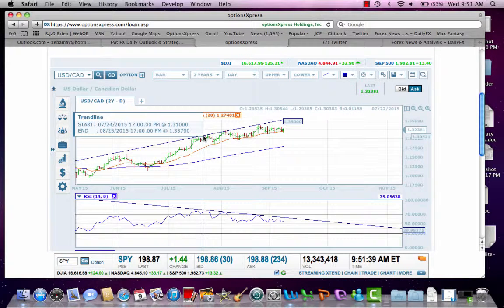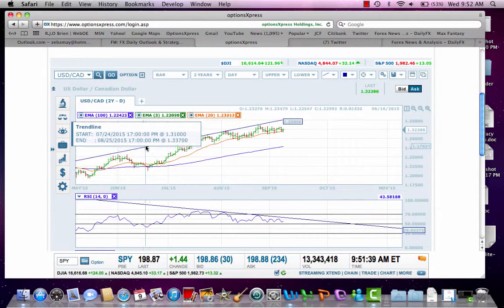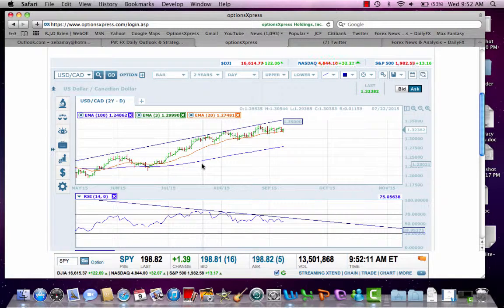Over the last couple of months, the Canadian economy has had some troubles, and obviously the U.S. economy is doing fairly well, relatively well compared to certainly Canada. So we've seen the currency rate, as you can see, go up almost on a 45-degree angle. You see the trend line on top, which basically is a guide to show you how we've only gone higher in the currency markets over the last 4 or 5 months.